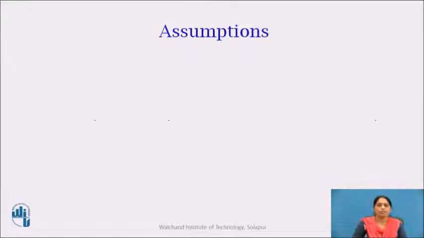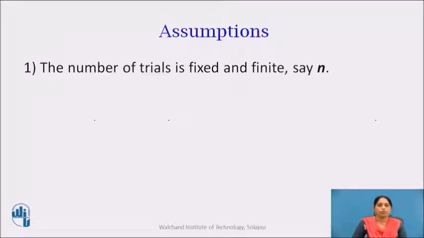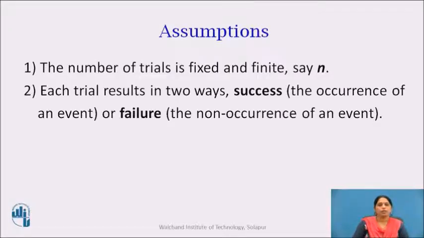Let us see the assumptions to apply the binomial distribution. First assumption is the number of trials is fixed and finite, say small n. Each trial results in two ways: success, that is occurrence of an event, or failure, that is the non-occurrence of an event.